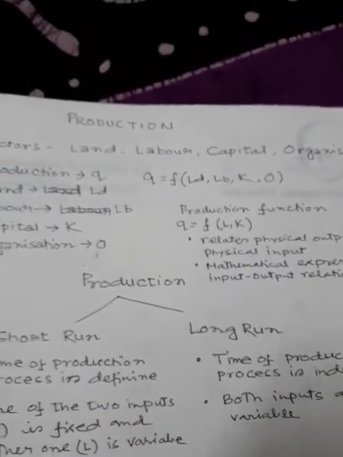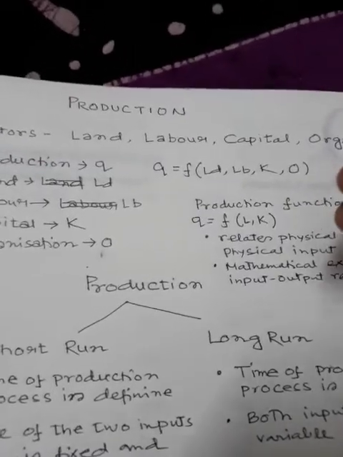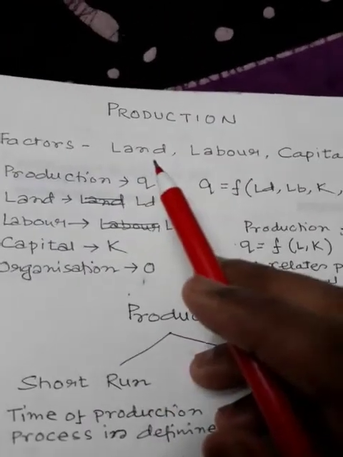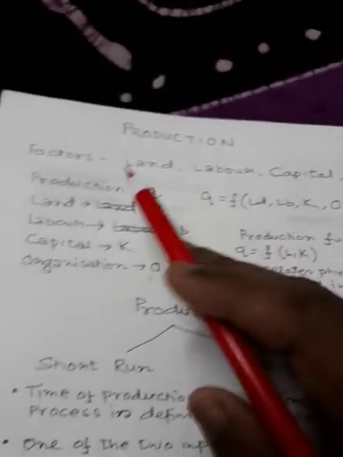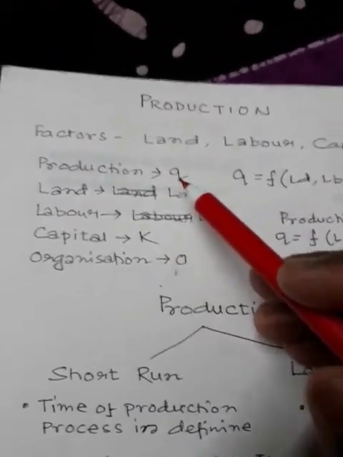Now, if we think in a different way, these are variables: land, labor, capital and organization, and production itself is also a variable.